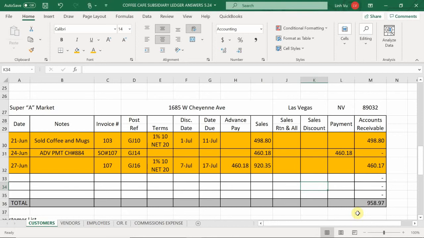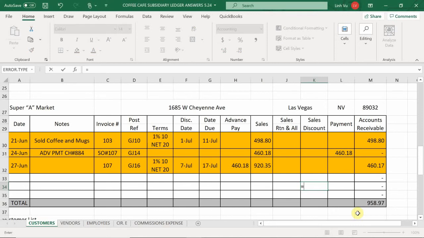Now, on the other one, correct me if I'm wrong. What I did is, in Excel, equals ROUND on the previous example. I did 498.80 minus 30 times 0.01, comma 2. Is that formula right or wrong? In this case, you might get an error, because there are too many things you're trying to calculate.